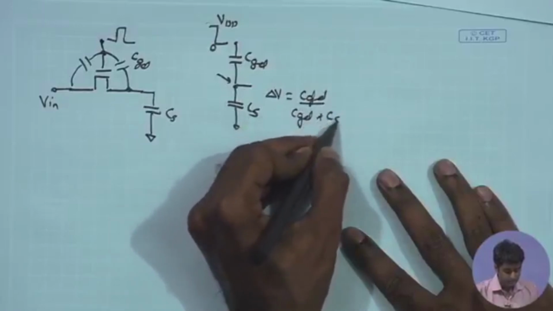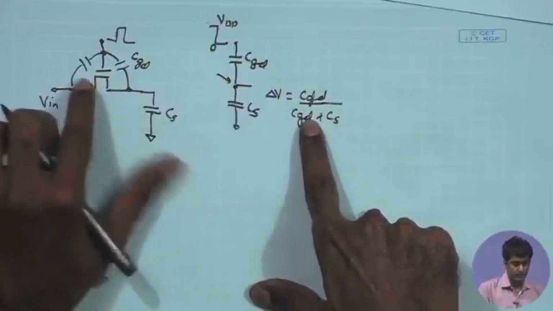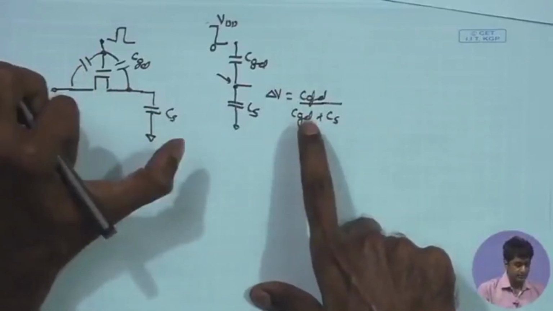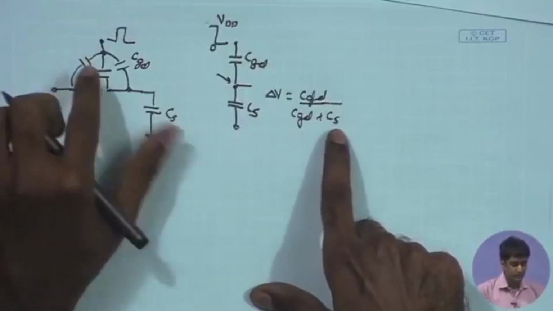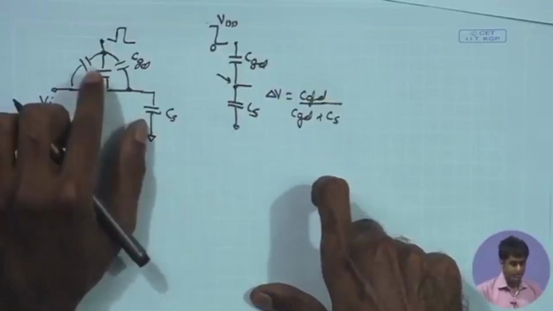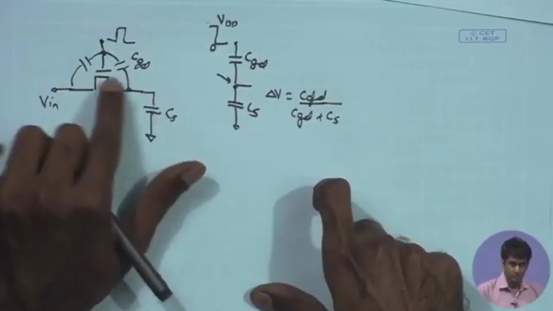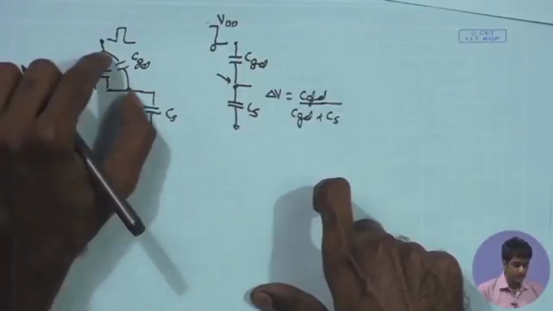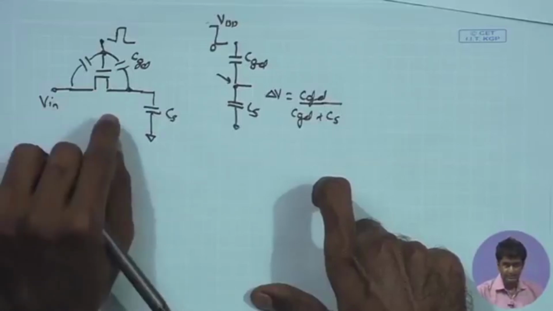CGD plus CS. And therefore, once again we can see that if the MOSFET dimension is larger, for example, if you are having a larger W of this MOSFET, the CGD will be proportional to the W of the MOSFET. Also, in the saturation region, you have the overall CGD given by a combination of the oxide capacitance and the overlap capacitance.